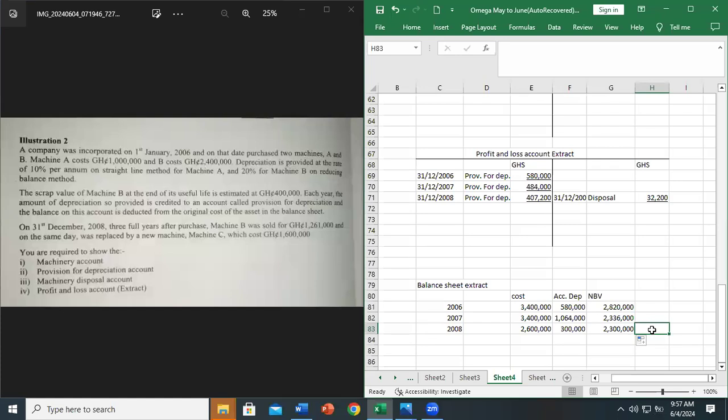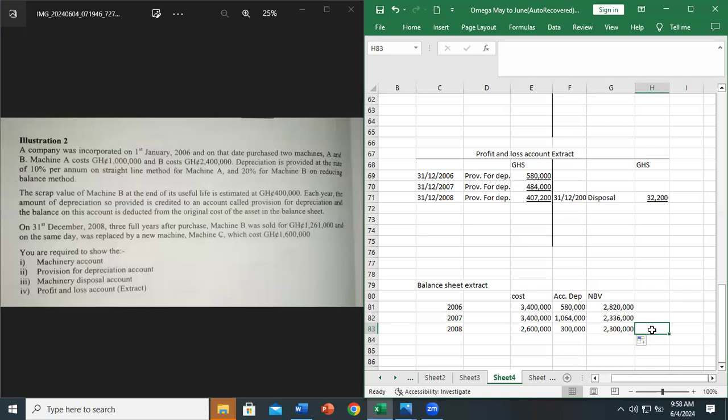There are some companies, when they buy the asset, even in October or September or whatever, they still require that you charge full year depreciation. And there are some companies too, in the year they sell the assets, they don't charge depreciation. So even if the asset was sold in December, if you are given that policy, you don't calculate depreciation on that asset which has been sold.